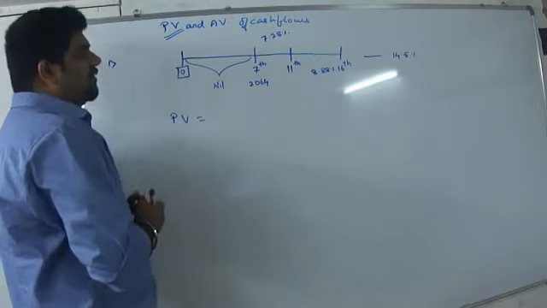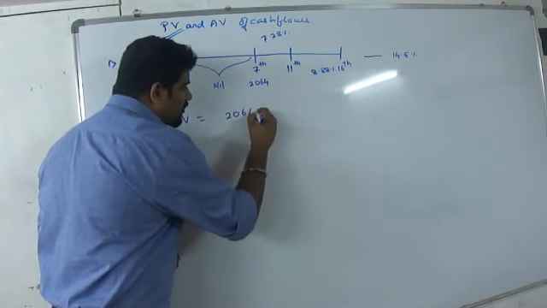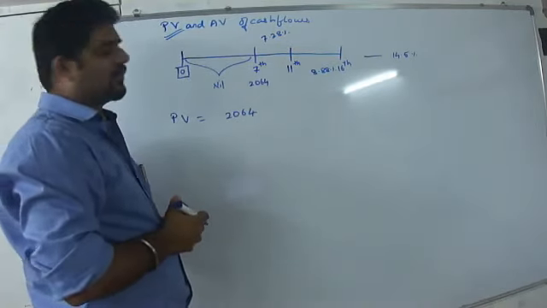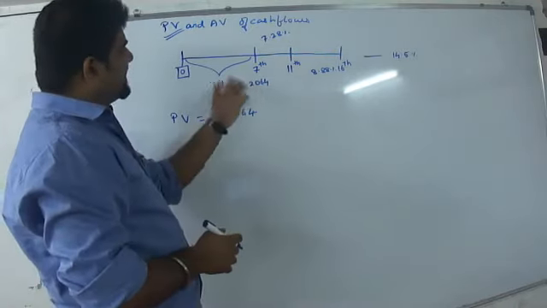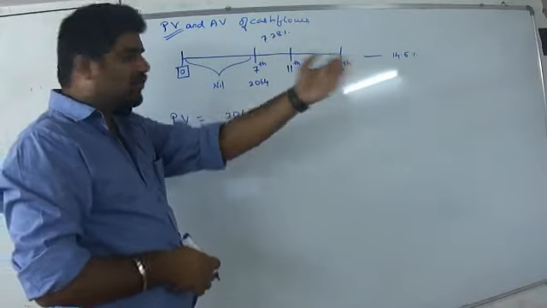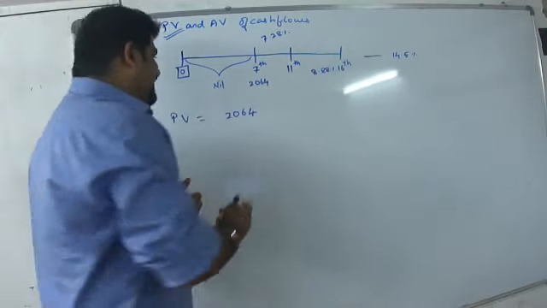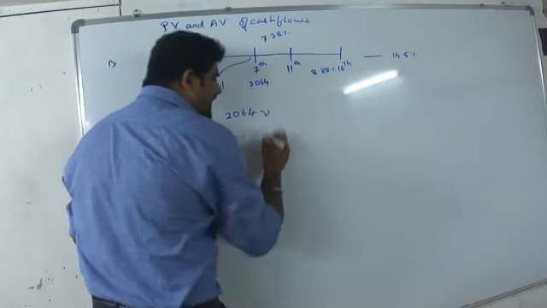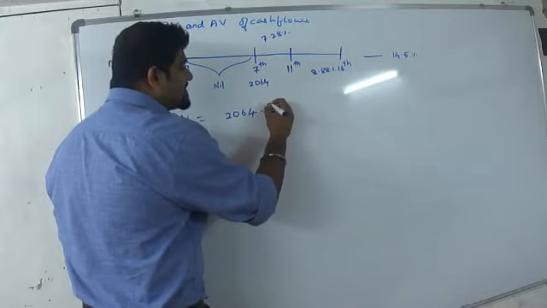First of all, the payment is directly given that my first payment is 2064. But it is not in the present year. It is after 7 years. So to bring the amount of 2064 to my present year, I will have to apply a discounting factor with the power 7.